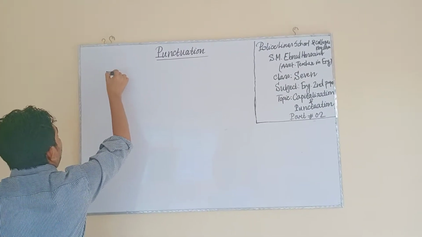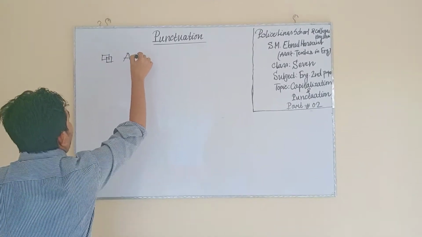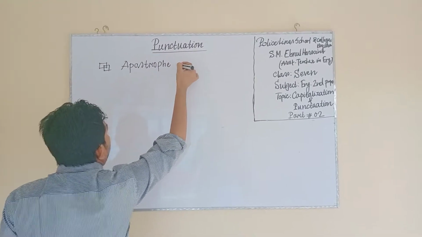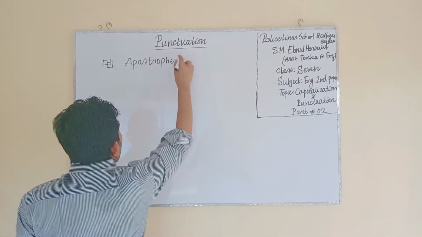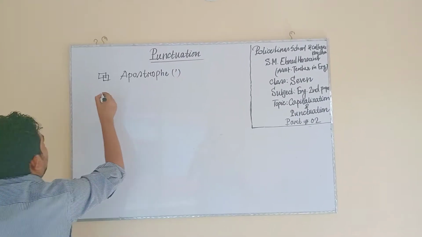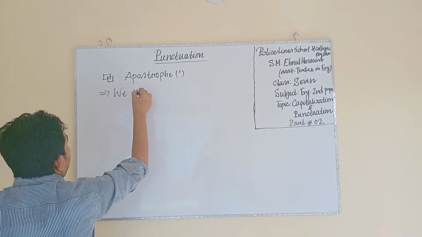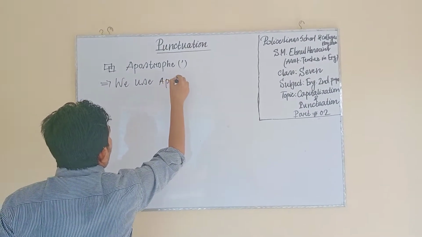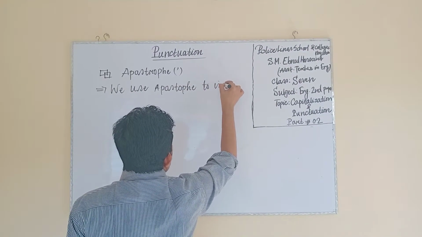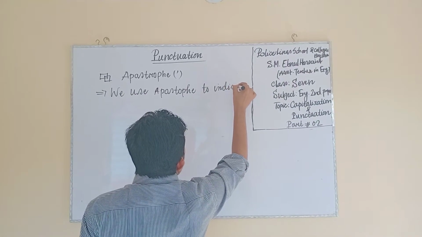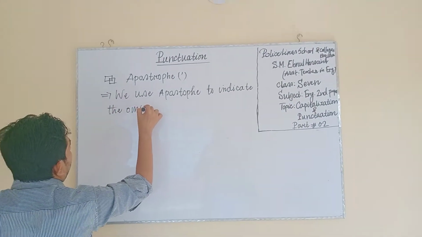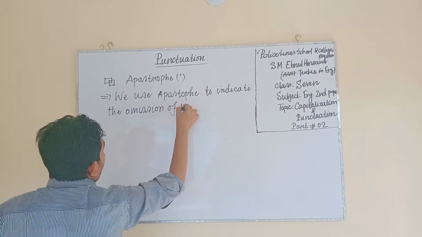Apostrophe. We use apostrophe to indicate the omission of letters.